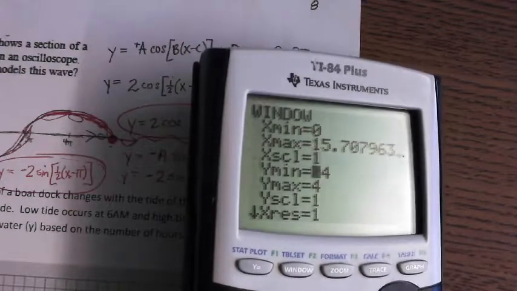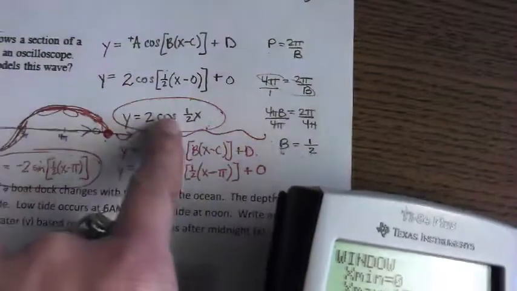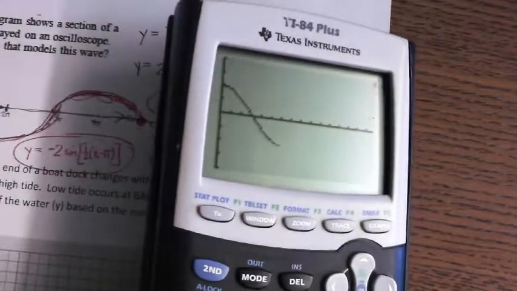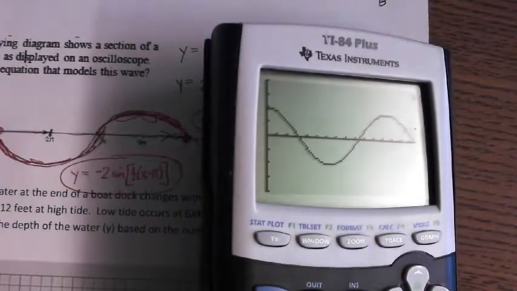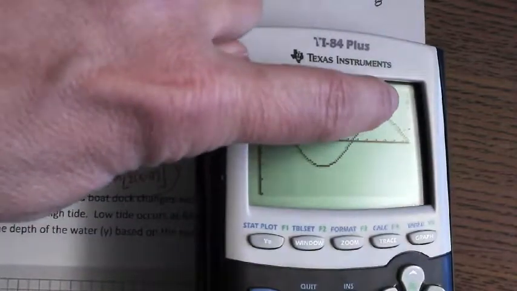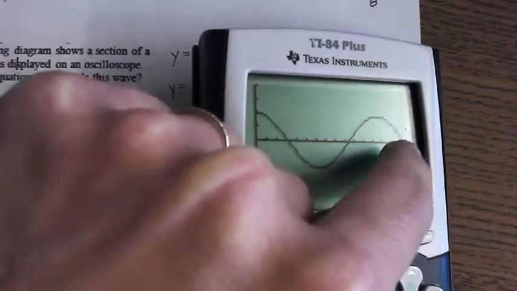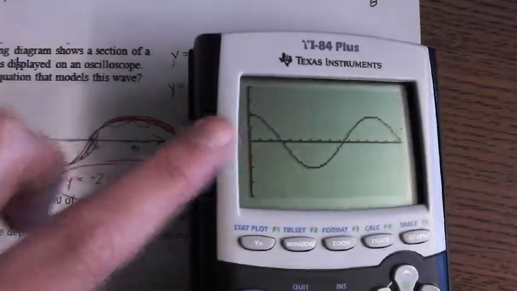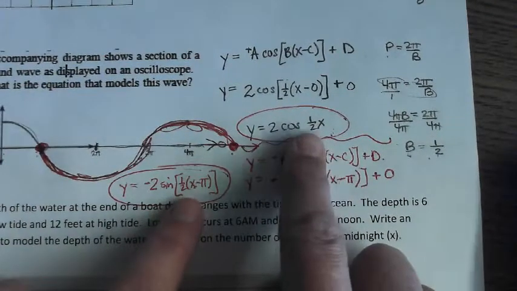And my negative 4 to 4 is fine. So it's going to graph this one first, and then this one. Okay, so there's your first one. And then you see it's still working. You can see that little thing, but it's tracing the same graph over itself. So the same graph can be given by 2 different functions.